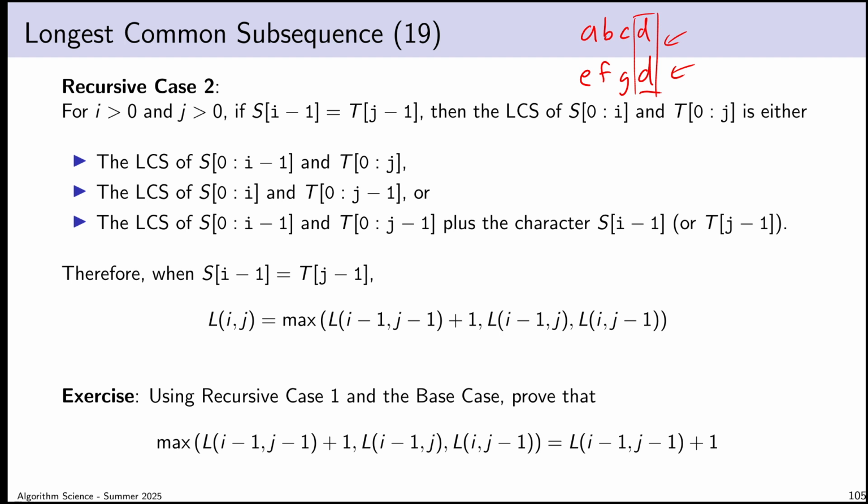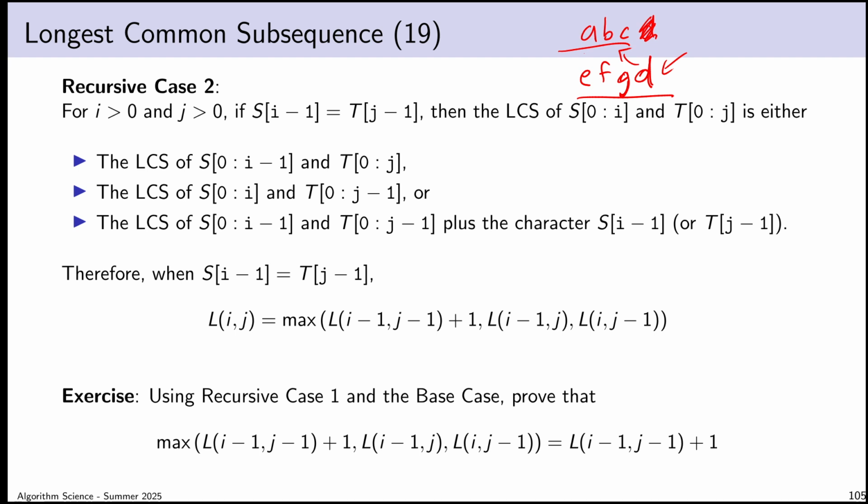We have to leave open the possibility that maybe I just ignore one of the two Ds and leave the other one in. Suppose I get rid of the D in S, and then I consider the longest common subsequence of this and this. Maybe this other D would still be useful as part of a longest common subsequence earlier on in S, or vice versa.